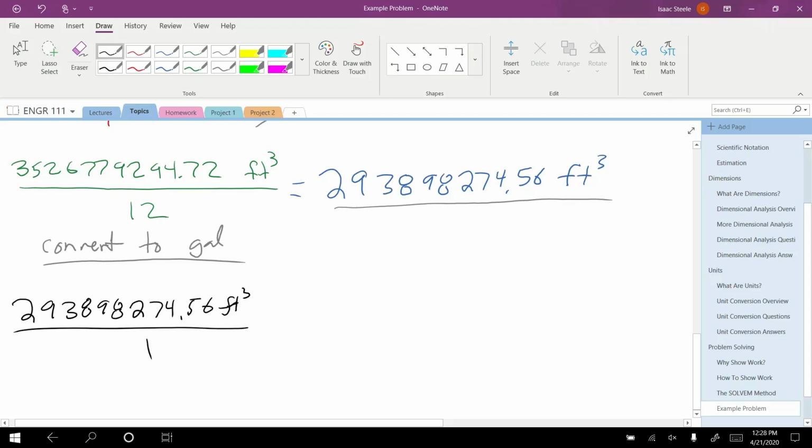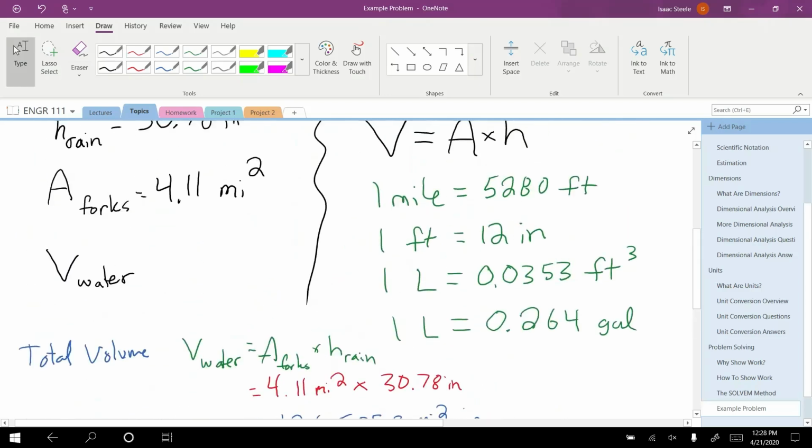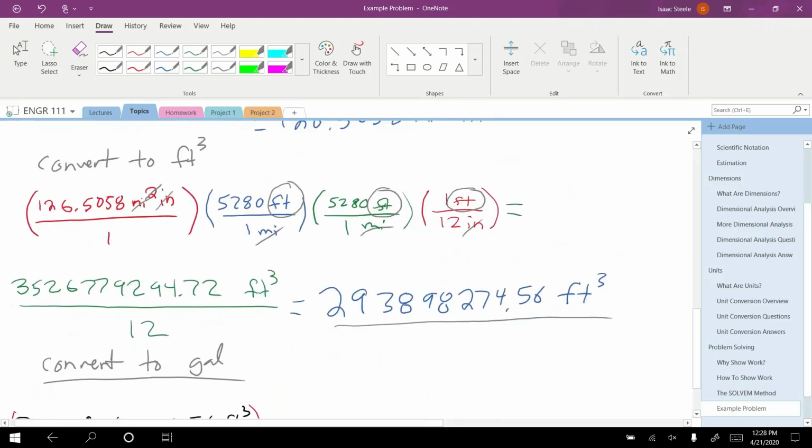Hopefully I'm copying this down correctly. And I want to cancel out feet cubed, and I had, right here, I have a conversion for that, feet cubed into liters, so I can convert this into liters.